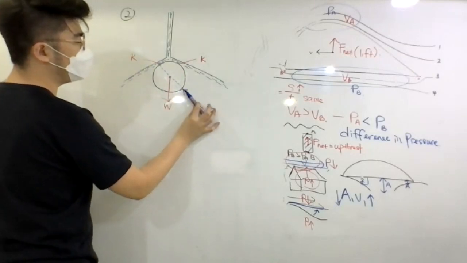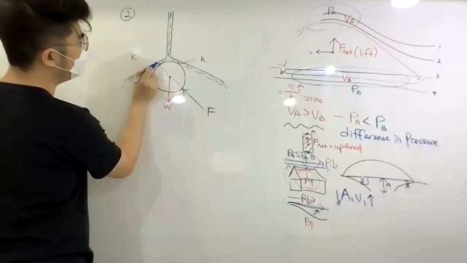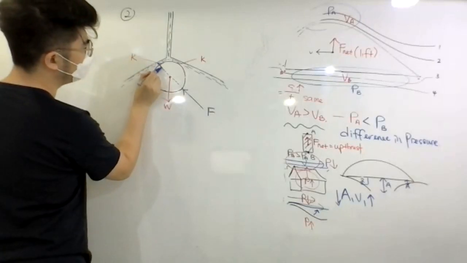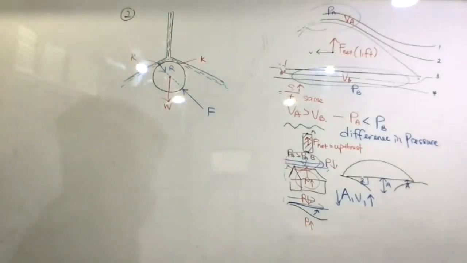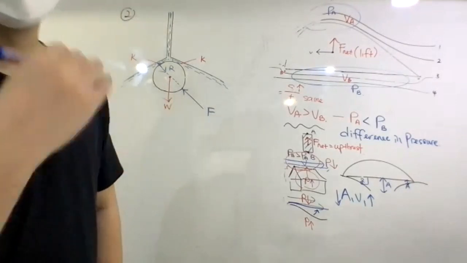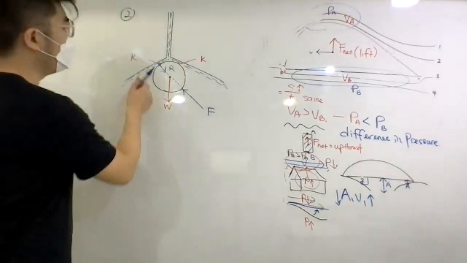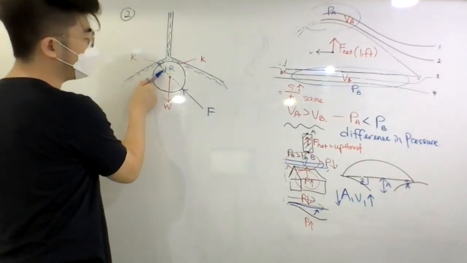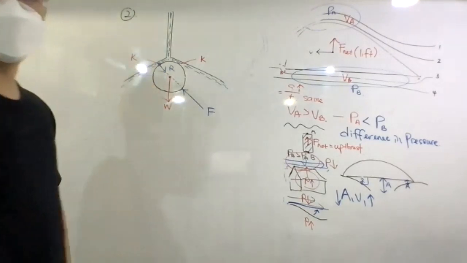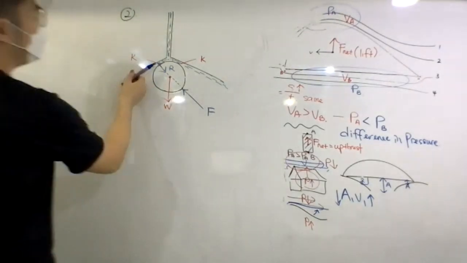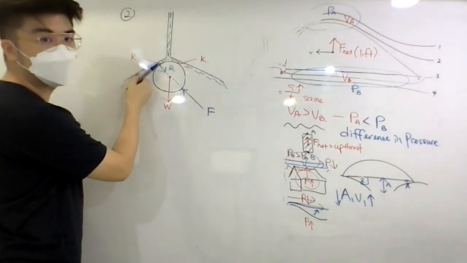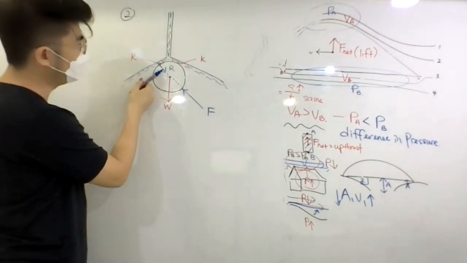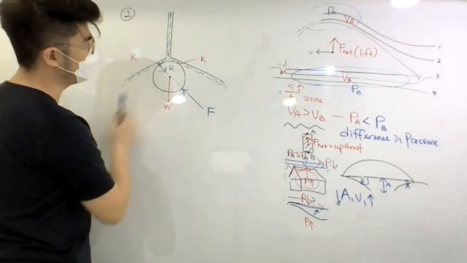Why should the force come like this? Because here you have a reaction, R. The ball is touching the funnel, so you have a reaction force. The reaction force is always normal to the boundary, to this surface. That means your force must be coming from this direction.